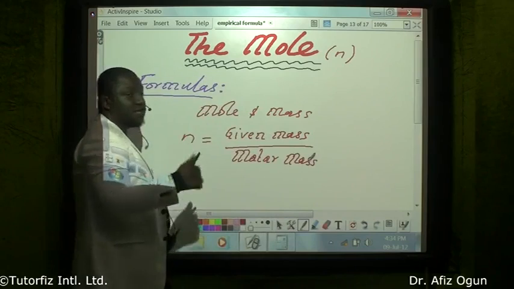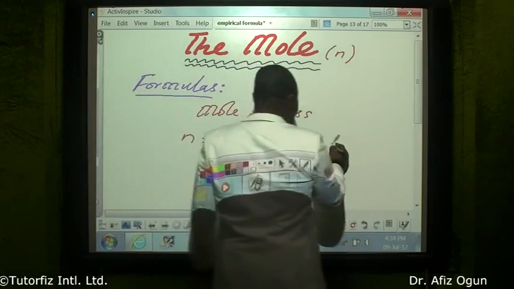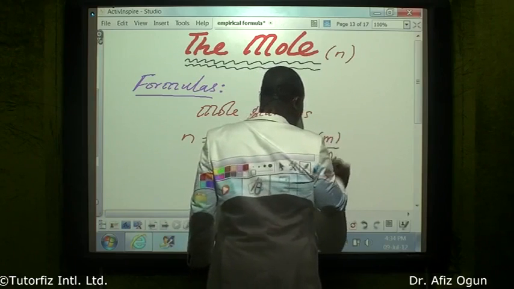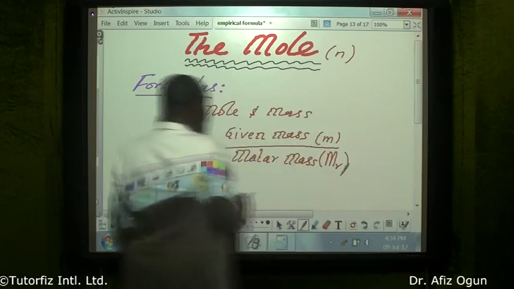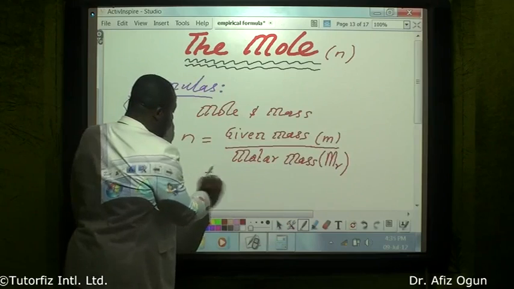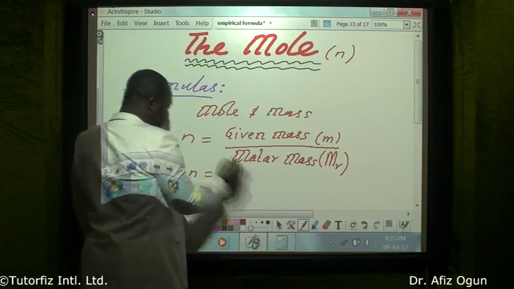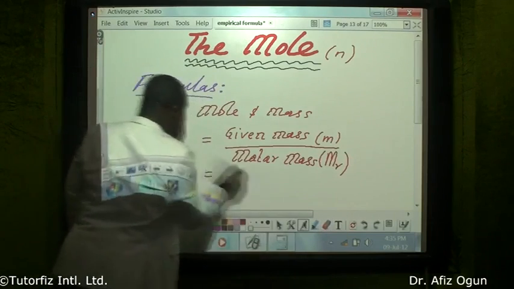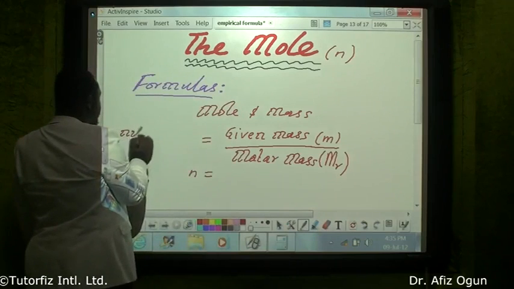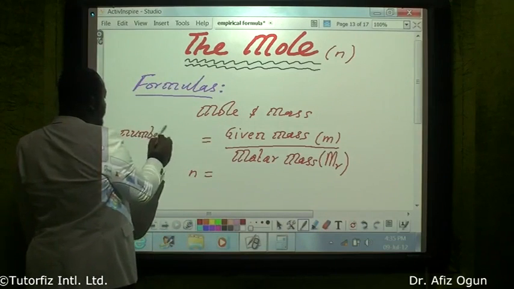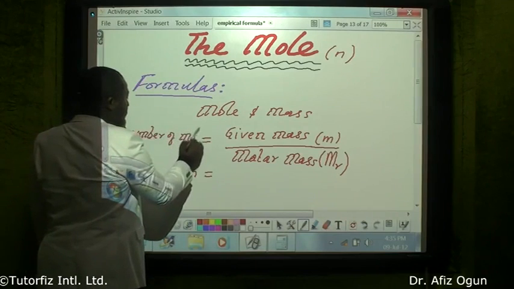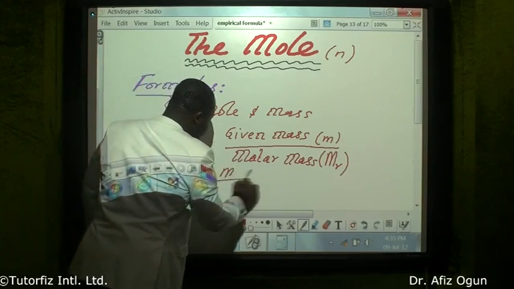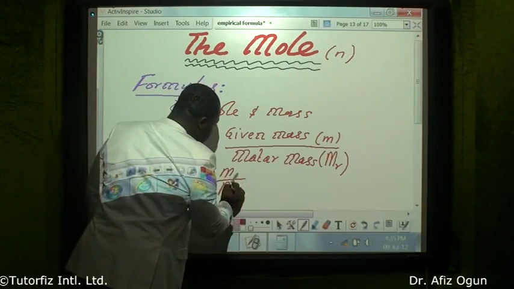In some exams, they'll just tell you mass of 1 mole. So we write it normally as given mass, small m, and molar mass as big MR. So n equals small m divided by big MR.